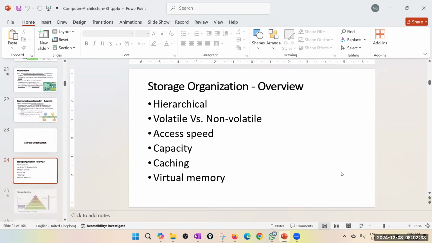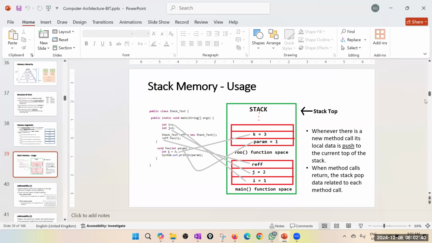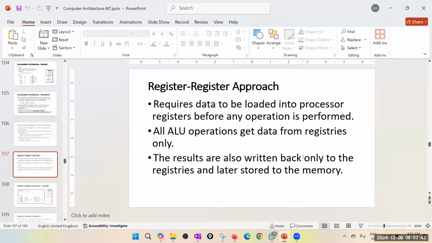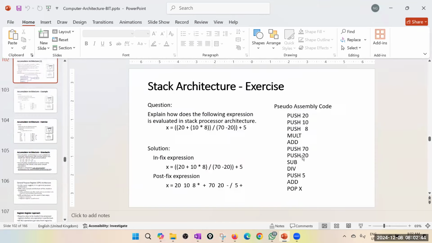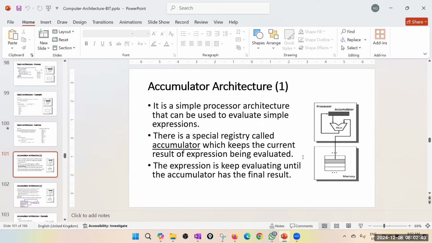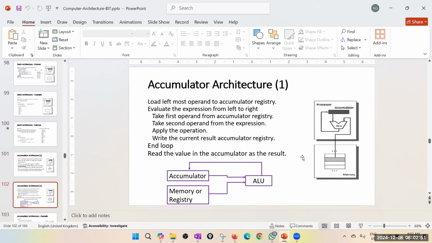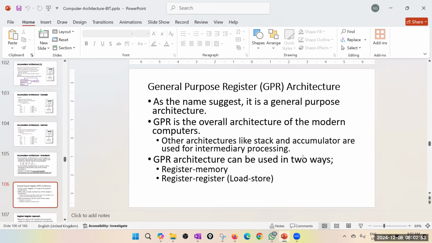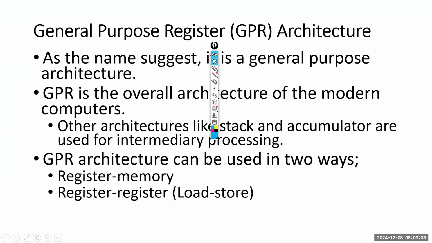So today we look at the modern processor architecture, that is GP, General Purpose Register Architecture. Okay, General Purpose Register Architecture. So let's start from that point, because we have already done stack and accumulator architecture.